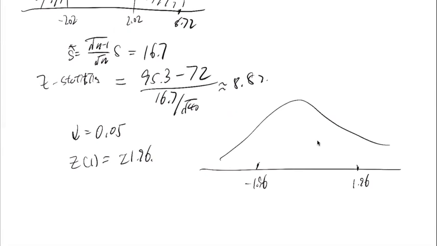We just want to see if 8.82 lands in the rejection zone, and clearly it does. So we can conclude that we reject our null hypothesis. As you can see, we can do this problem in two different ways. And that concludes my discussion.